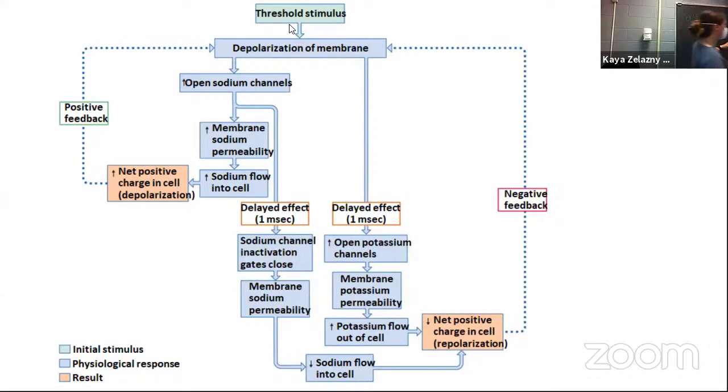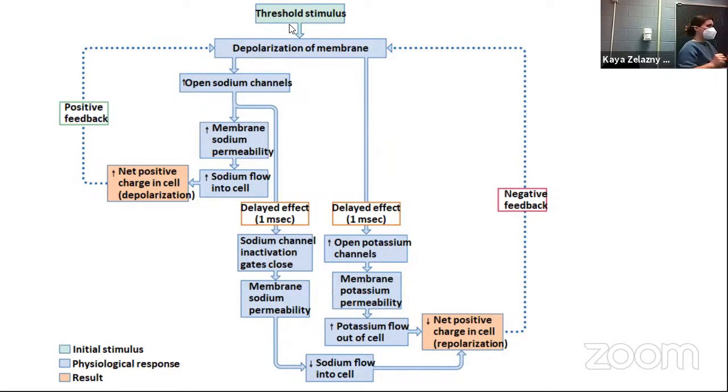So the other piece of repolarization is the potassium flow out of the cell. So the electrochemical driving force of potassium is in the opposite direction to sodium. So sodium always wants to come into the cell. So potassium always wants to leave the cell because it's trying to get the cell down to -94.